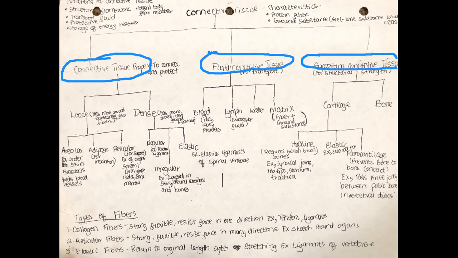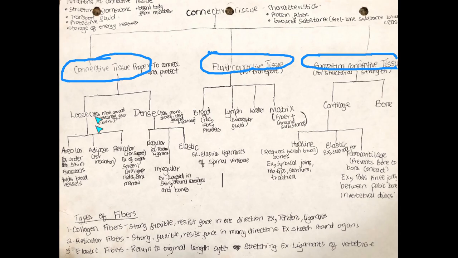The connective tissue proper, its main function, well, all the tissues have a function of protection, but the connective tissue proper also connects certain structures. So we have subcategories that you also need to know.